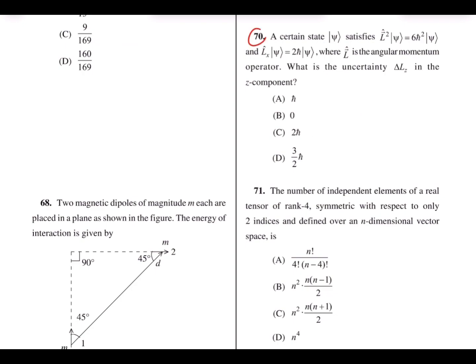Problem number 70. A certain state psi satisfies this and this, where L is the angular momentum operator. What is the uncertainty of Lz, the z component?